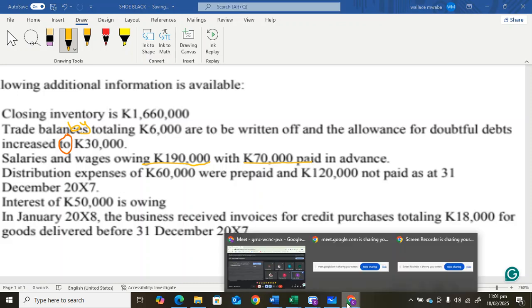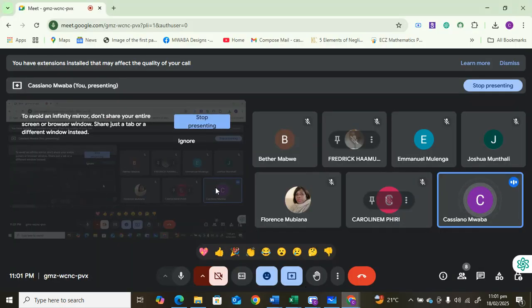Which one is an accrued expense and which one is a prepaid expense? And how do we treat each of them?